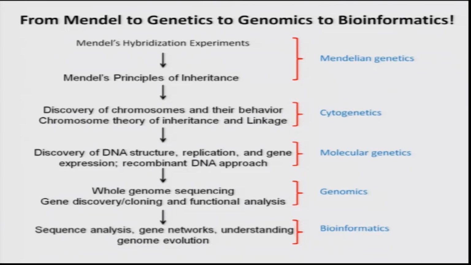When you look at DNA molecules, manipulate them, change them, it is molecular genetics. When you sequence the entire genome, with large high-throughput sequencing generating a large amount of data, it is normally called genomics, and for the large data you generated, we use computational tools to understand it. That is called bioinformatics.